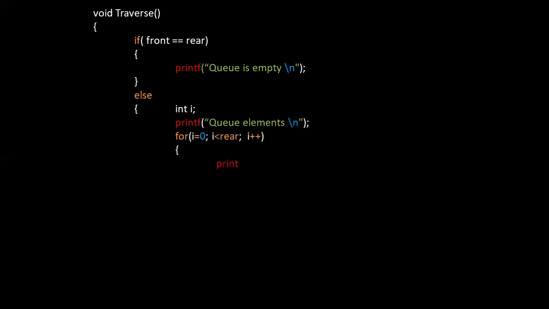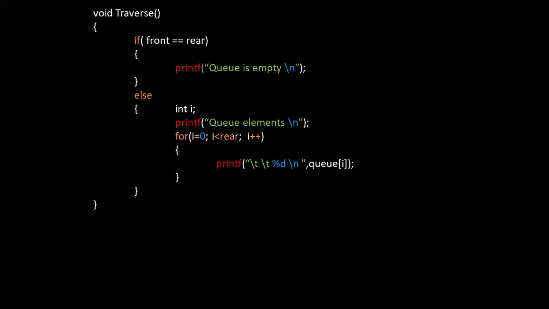So void traverse. And here the same story repeats. If the front value is equal to rear value, we need to print that the queue is empty. Else, we need to declare one variable of type integer and print the queue elements that are present in the queue.